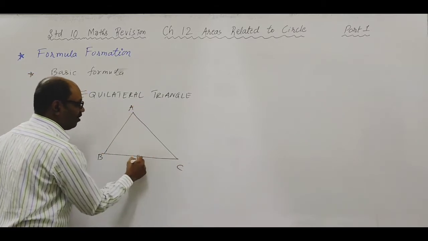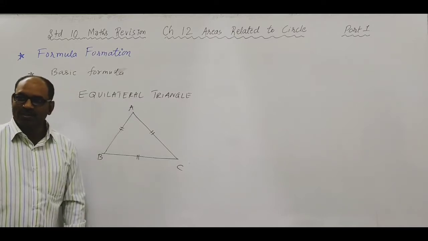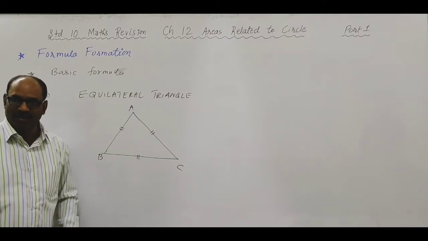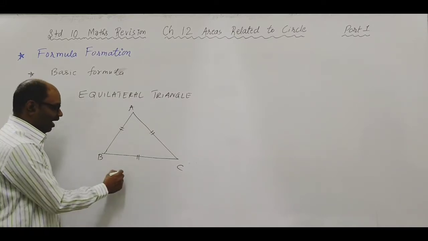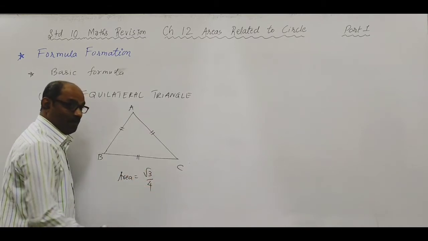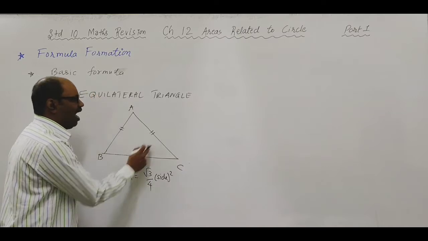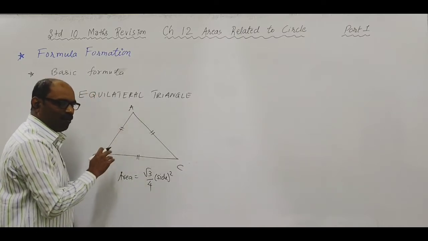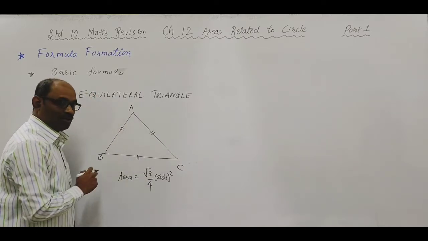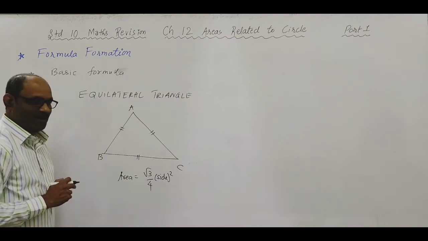All sides are equal. So this symbol shows all three sides of triangle are equal, and that is equilateral triangle. Now you tell me area is equal to. Yes. Very good. Root 3 by 4 side square. Side जो भी होगा, L होगा, R होगा, X होगा, whatever. So root 3 by 4 side square. That is area of equilateral triangle.